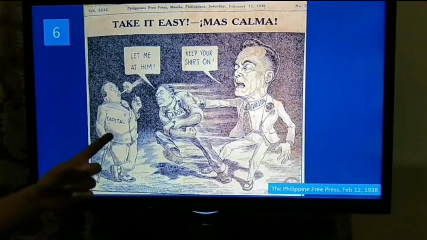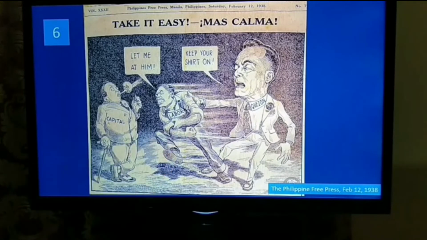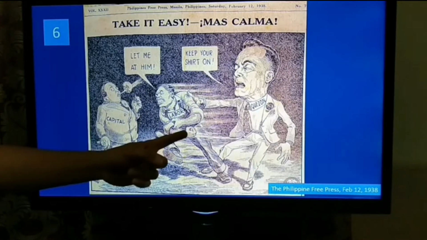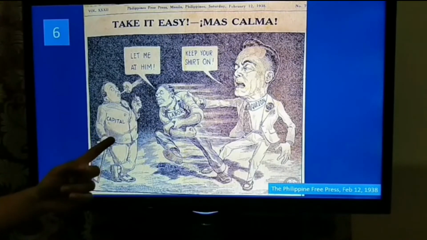He's the factory owner and this is the factory worker. And we can see that already in that time there is a dispute between the laborers, the poor working class, versus the rich upper class who own the businesses here in the Philippines.